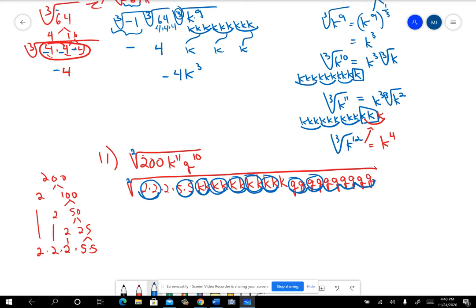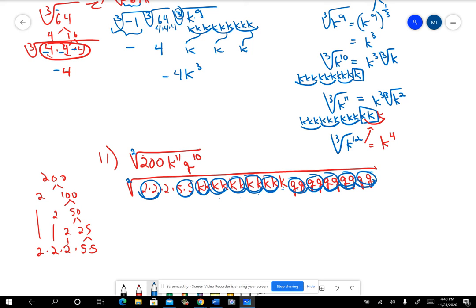But all the q's are paired up. See how the exponent's even? See how the 10 is divisible by 2, but 11 is not? See how 2 would have gone into 10 5 times? 1, 2, 3, 4, 5. But then the 11 is a leftover k. The 11th would be left over. 2 goes into 10 5 times. So we have 1, 2, 3, 4, 5 pairs.